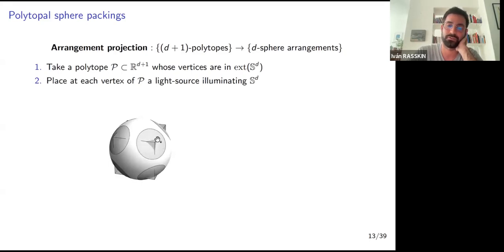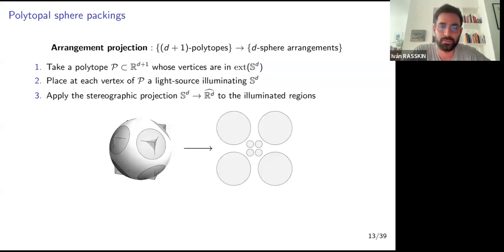This is the illuminated region corresponding to the light placed at this vertex. These illuminated regions are spherical caps that we can project using the stereographic projection, and we get this collection of spheres in dimension d. In this example, we start from a 3-polytope and we get a collection of circles in dimension 2.